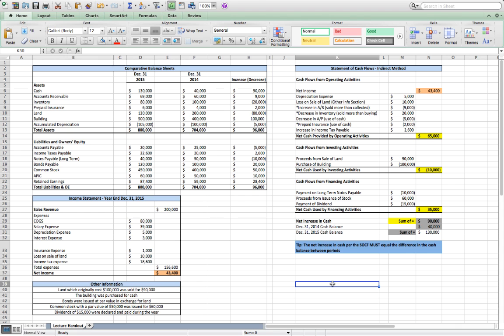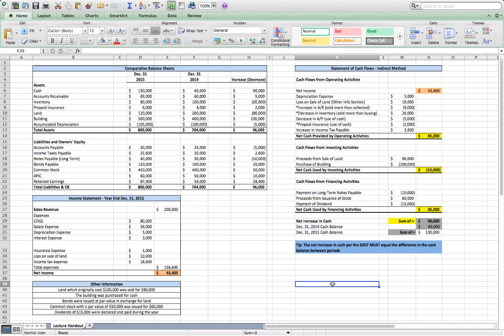So these are the common things that you're going to see when you get to your homework and your exam. So if you can understand this example we're going to do today, you should be able to do this on your homework and also on your exam, as this is the basic concepts that you will need to understand for statement of cash flows, and I will not try to trick you with anything unusual in nature.